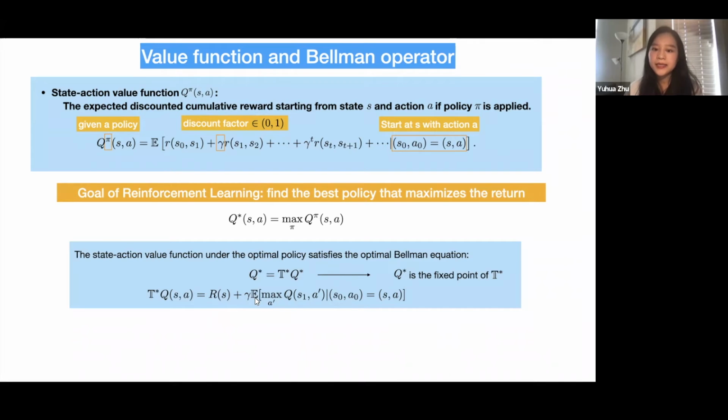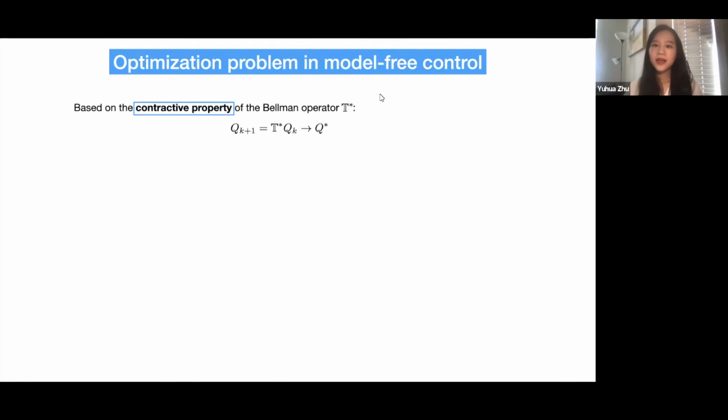So this expectation is on the next state and conditioning on the current state and current action. And we also take the maximum of Q over all actions. There is a nice property about the optimal Bellman operator T star. That is the contractive property.